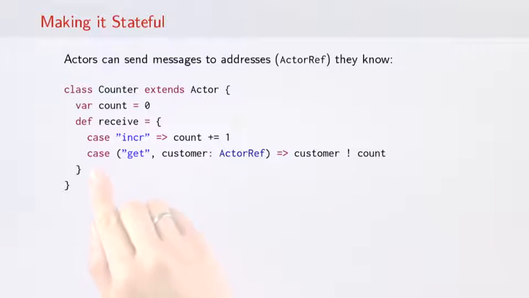So the addition here is we add another case, and if we get a tuple with the string "get" and something of type ActorRef, which we call customer, then we can send to the customer the count as a message. This is the exclamation mark operator, which is used to send messages, and it is pronounced tell in Akka. So customer tell count.